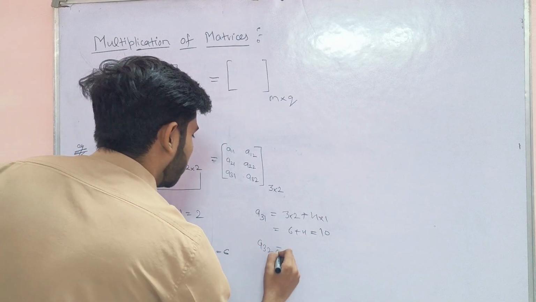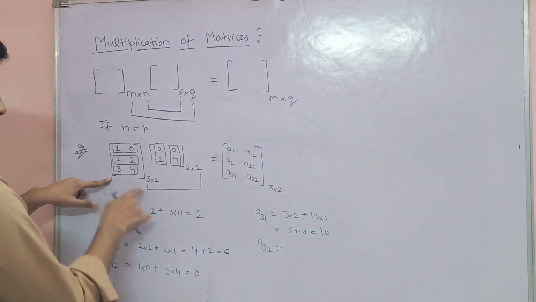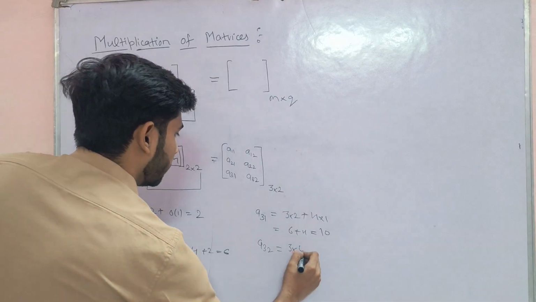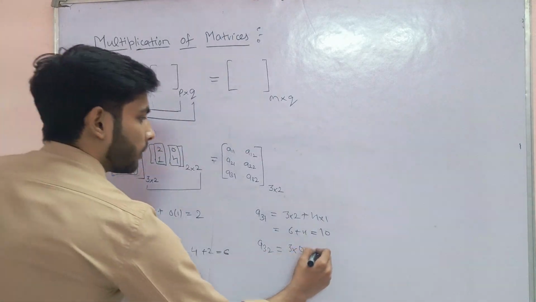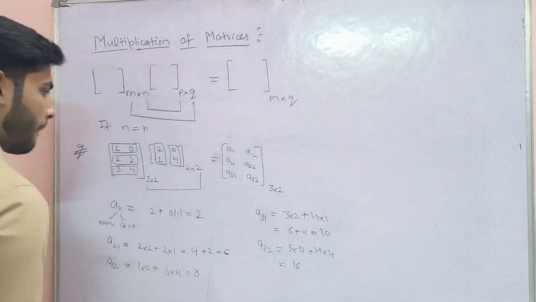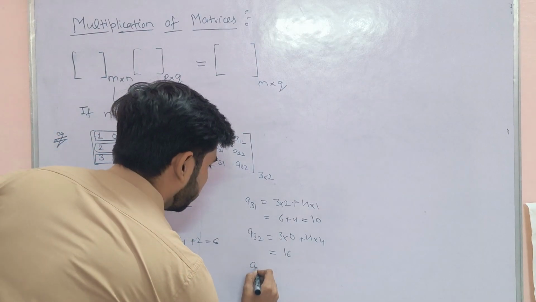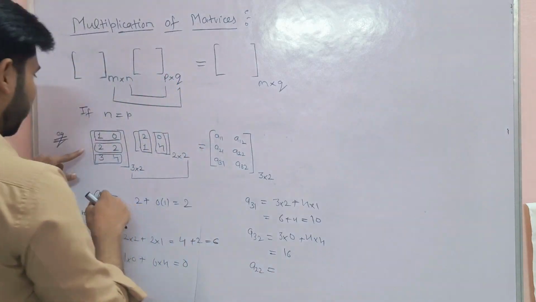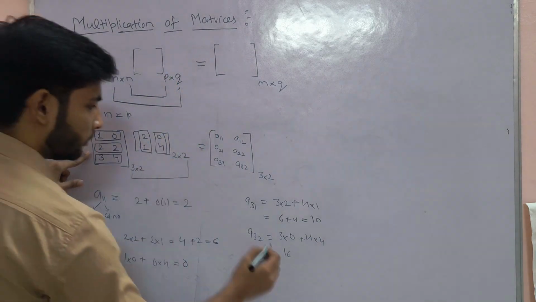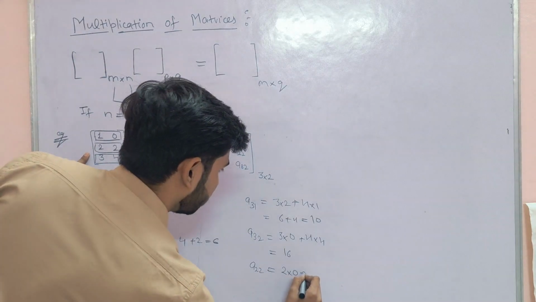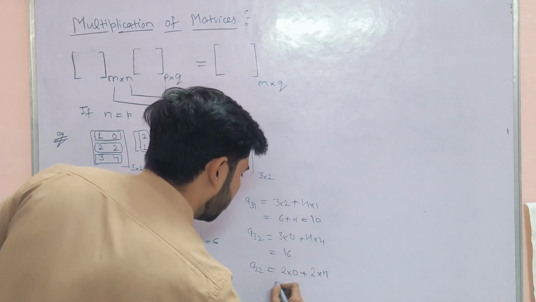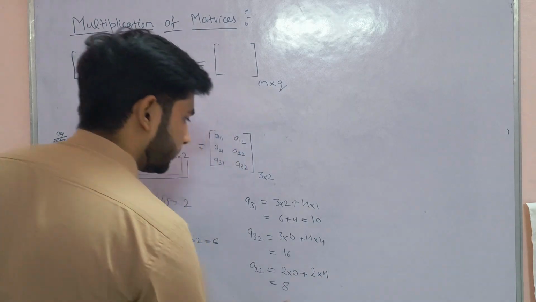A32: we take the third row and second column. 3 into 0, plus 4 into 4. We will get 16. Now A22. We take the second row and second column. So 2 into 0 plus 2 into 4. So we will get 8.